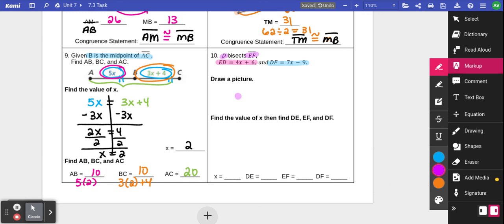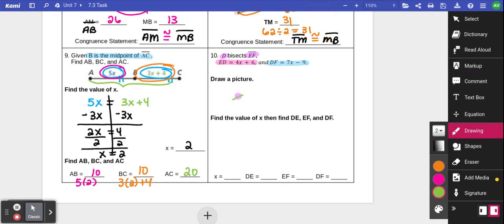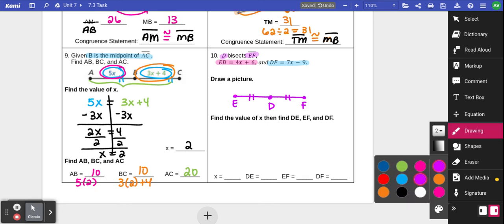If I'm going to draw a picture, I'm going to start with segment EF. So segment EF here would be a segment that goes from E to F. Now it tells me in the instructions D bisects that segment. So D is in the middle, and not just anywhere in the middle, it's exactly halfway, which means I'm going to add tick marks to my diagram.